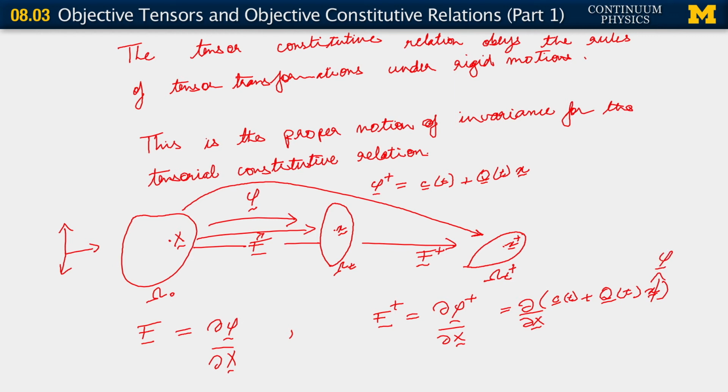When we calculate these derivatives, the first term, c, gives us nothing because it's a function of time alone. Q also is a function of time.